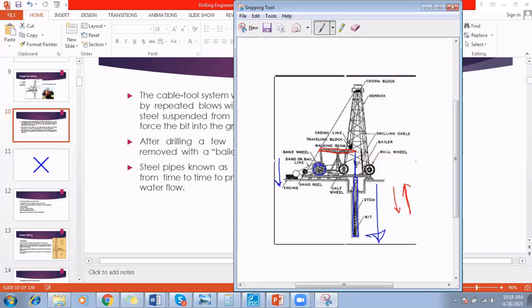So this is the component of cable tool drilling that is controlling this whole process. And here you can see that it is written as a baler.